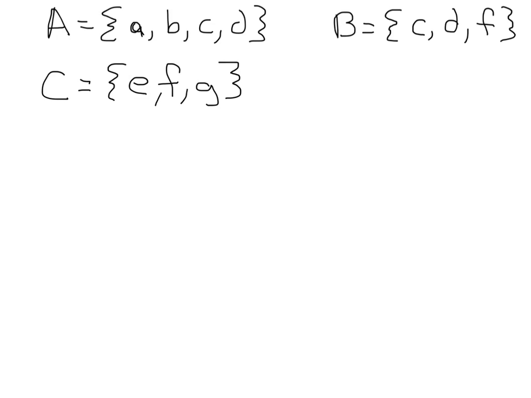All right, so let's take these sets. Now, there's two purposes for me labeling these sets. I want A to be the set containing a, b, c, and d. I want the set B containing c, d, and f. Notice that when I do this, and this is going to be very common when you talk about set theory, oftentimes the sets are given capital letters, and the elements of the sets are given lowercase letters.